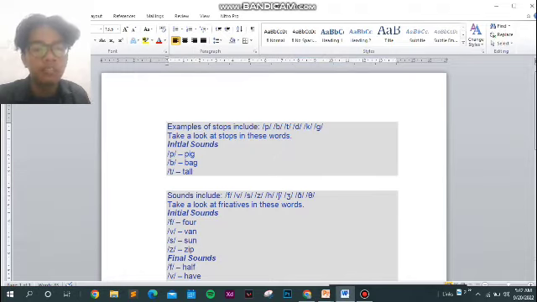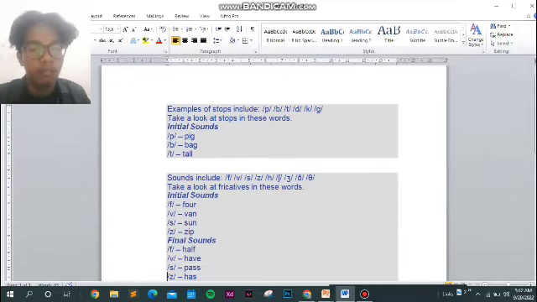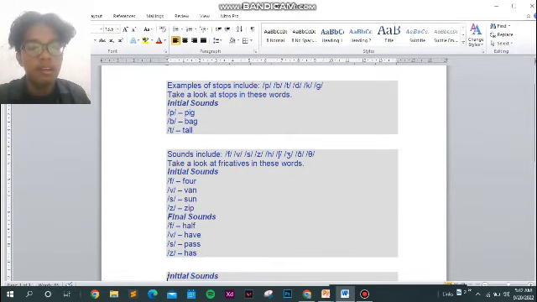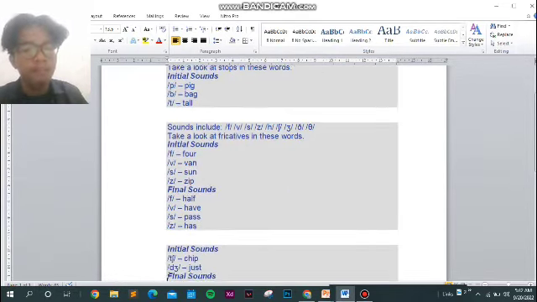And take a look at fricatives in these words. For examples of initial sounds: for, fan, sun, zip. And for a final sound, there is half, have, pause, has, like this.